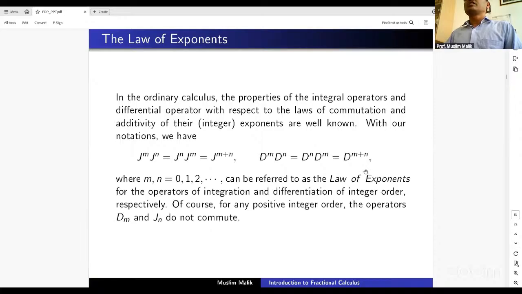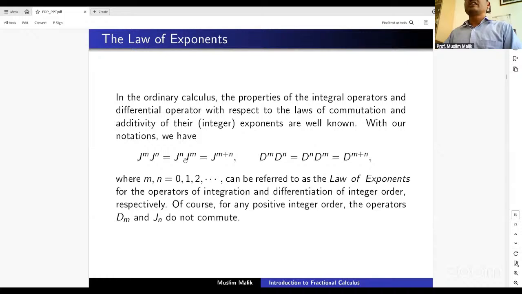Here we know the exponent law for the integer order derivative and integral is satisfied, but this exponent law is not satisfied for the derivative case when m and n are positive real numbers. But this condition is satisfied for the fractional integral.